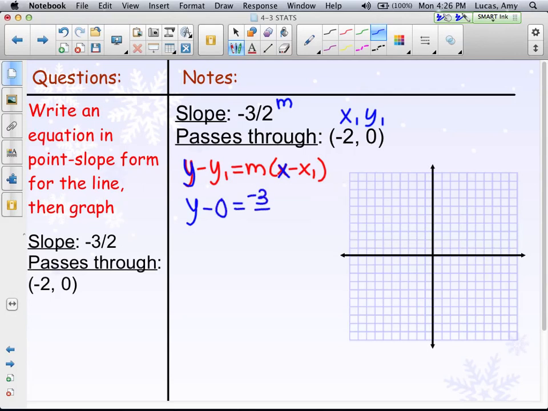My slope, -3/2, x minus -2. When I simplify this one, I've got my chunky plus, and I also know that I don't have to write y minus 0. I can simply write y equals. I don't have to include it if it's a 0. So there's my point slope form.